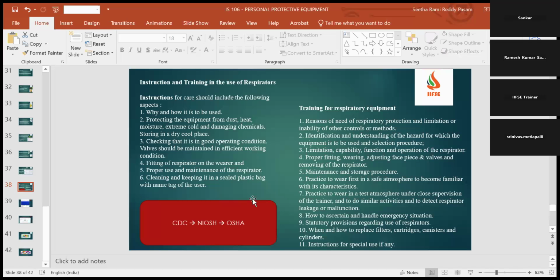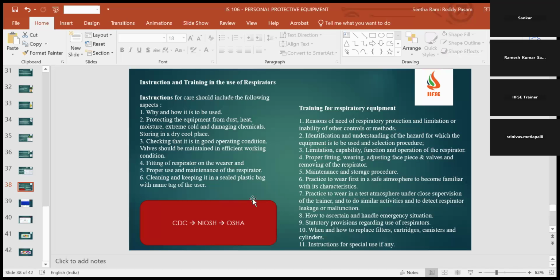Then maintenance and storage: how they can maintain, how they can clean, and where they can keep. We should allow them to have a dedicated storage location, so that they can store their PPEs. Then practice wearing first in a safe atmosphere, and also become familiar with its characteristics.